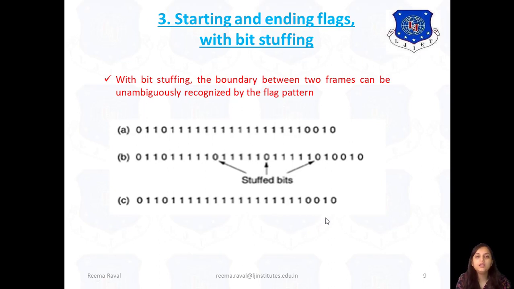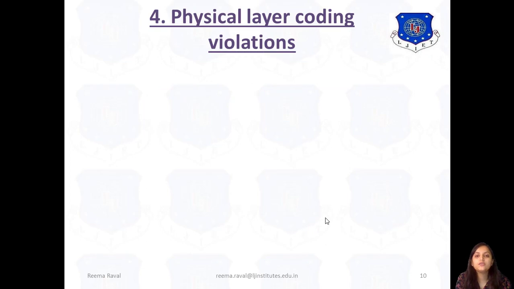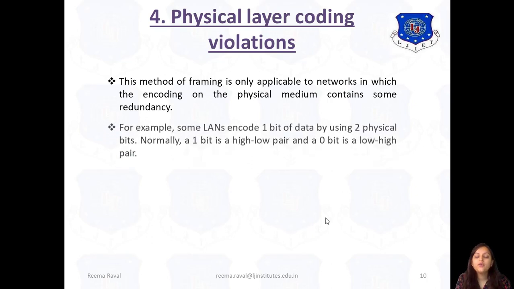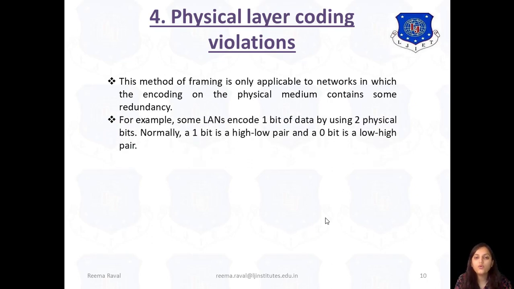Now the fourth one is physical layer coding violations. This method of framing is only applicable to networks in which the encoding on the physical medium contains some redundancy. For example, some LANs encode one bit of data by using two physical bits. Normally a 1 bit is a high-low pair and a 0 bit is a low-high pair.